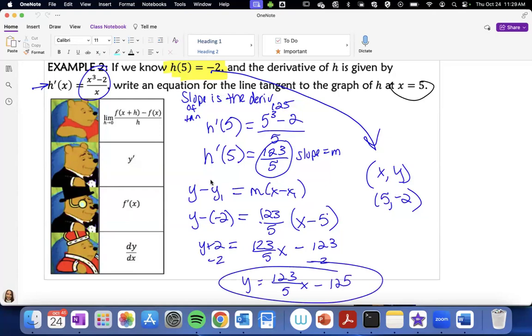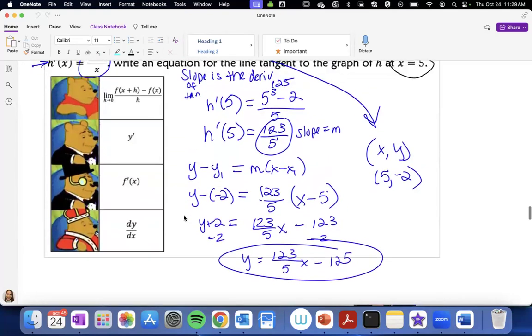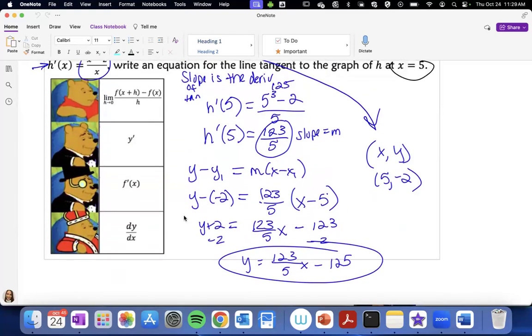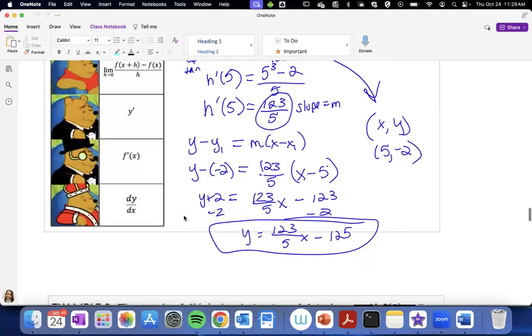That is the equation for the tangent line. Okay? I am running out of time. 125. It is, because I'm sorry, I chopped off that 2. I'm subtracting 2 more, right? So subtracting 2 both sides, so it's 125. Okay? All right.